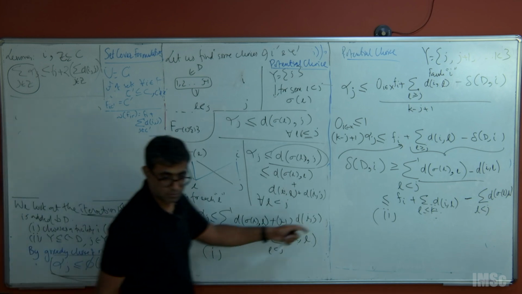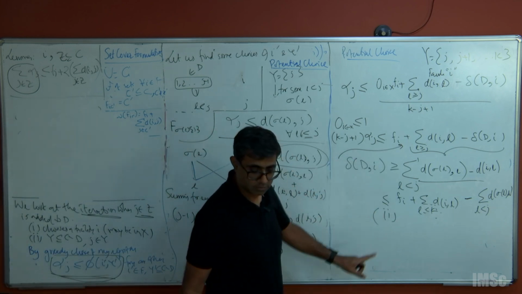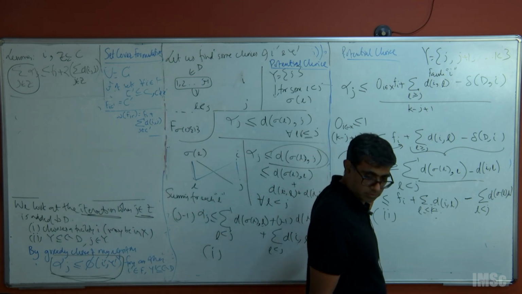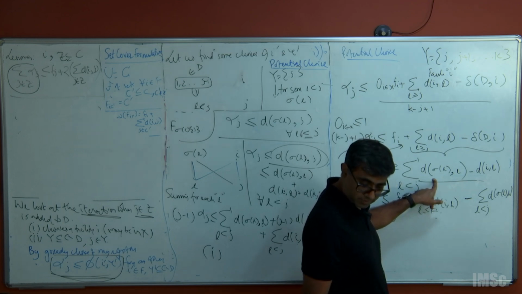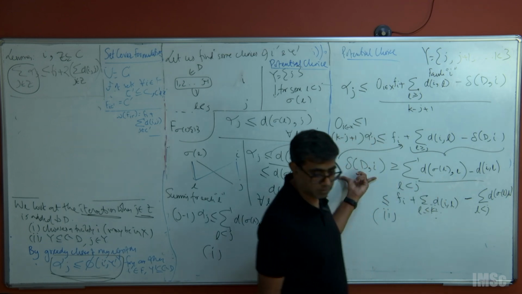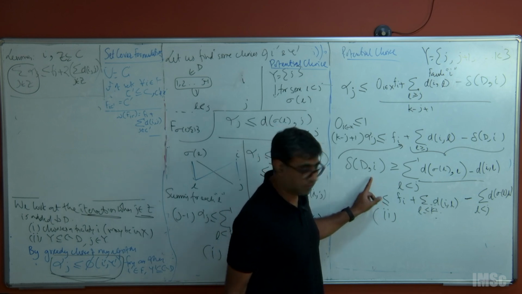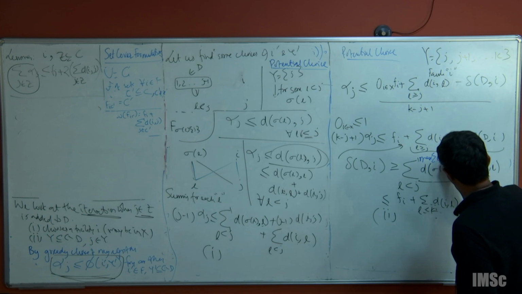Is this inequality fine? So what is not fine? This lower bound. Why this? What is the definition of this? For every client, what happens? Maximum decrease. What did we write? Max of 0 comma this.